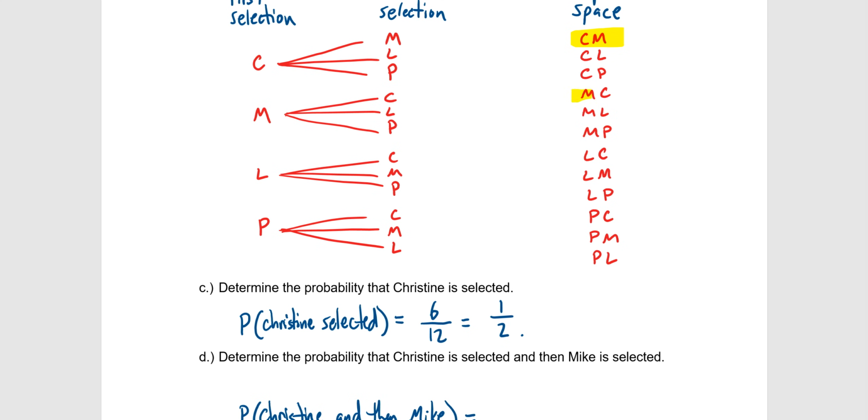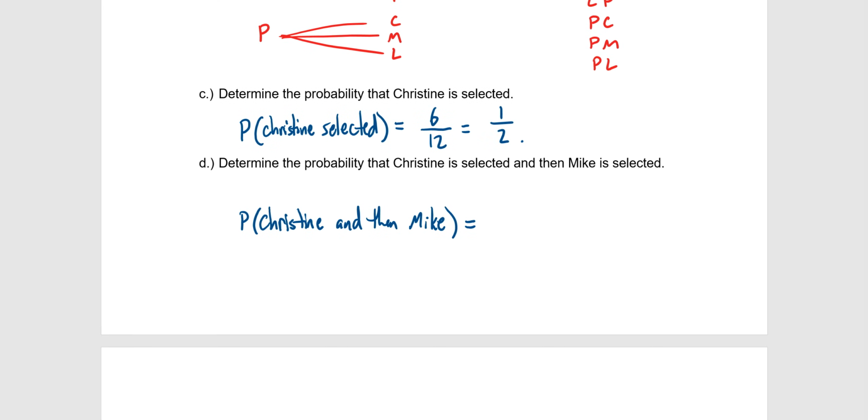Notice that MC does not work because that is Mike and then Christine. That is different. So this only happens once. So this is 1 out of the total number in the sample space, which once again is 12. So that's a probability of 1/12.